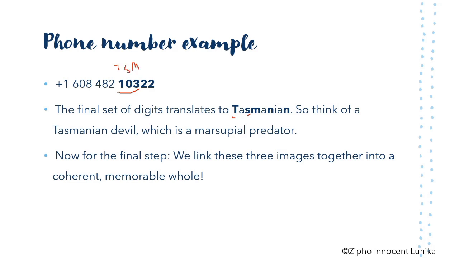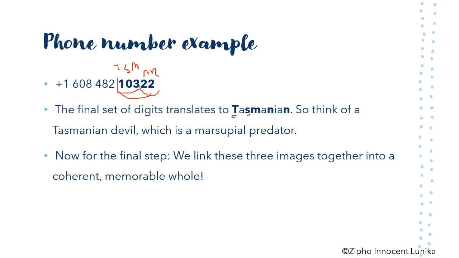Right, so you could make the word atheism. Atheism would be 103. And 22 could be nanny or none. This is NN, nanny or none or no one. But in this case, we just took this entire group and we came up with the word Tasmanian, and we think of the image of a Tasmanian devil, which is a marsupial predator.